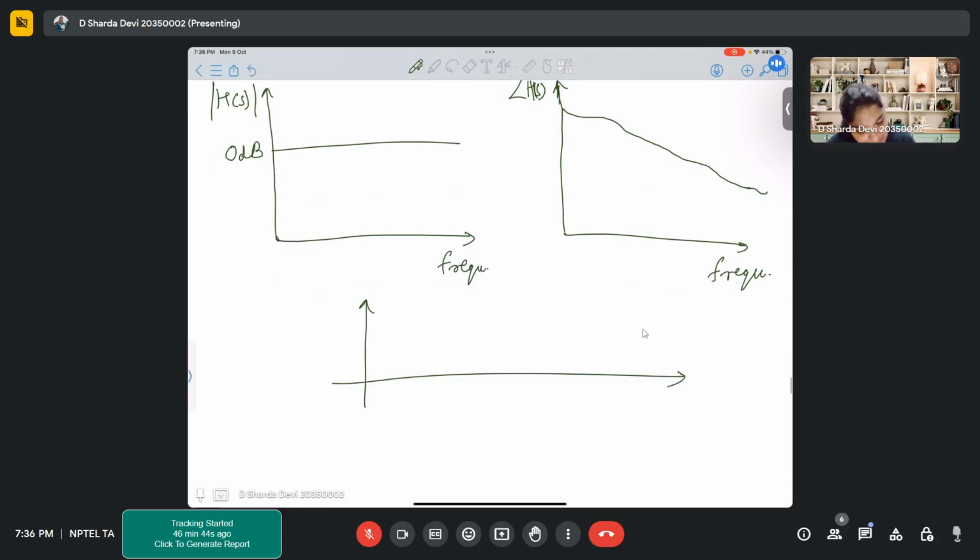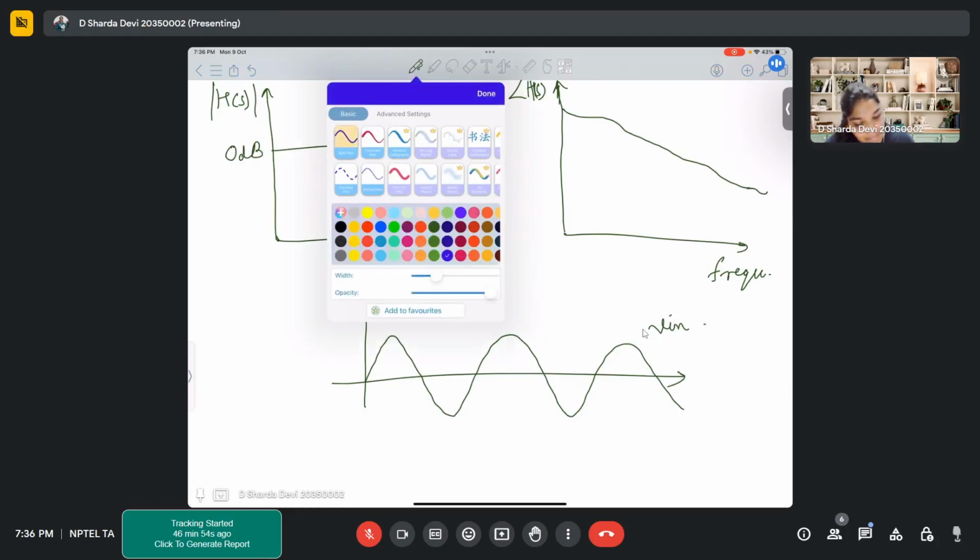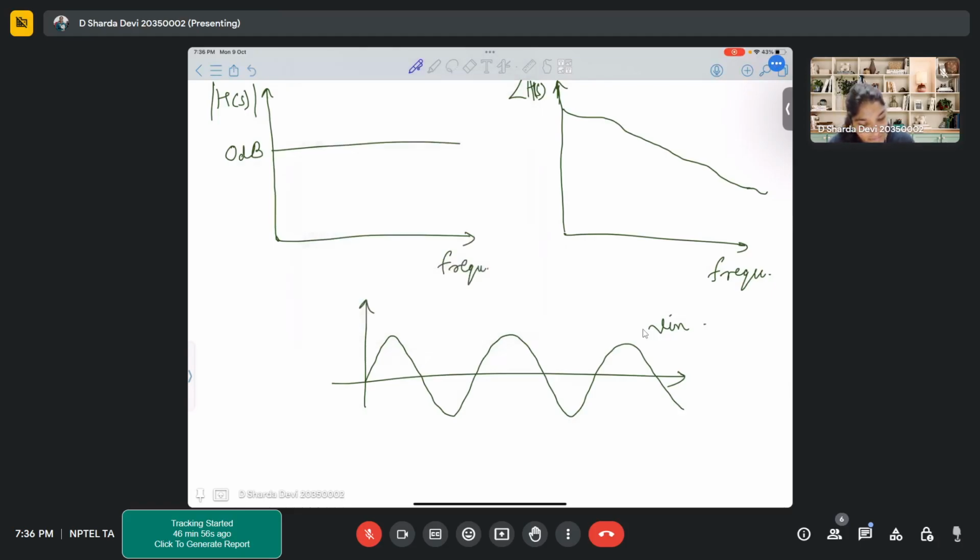you have a sine wave. This is your sine wave of Vin. Now what is happening? You have a 90-degree phase shift at a certain frequency, but your gain remains the same, which means your amplitude remains the same.